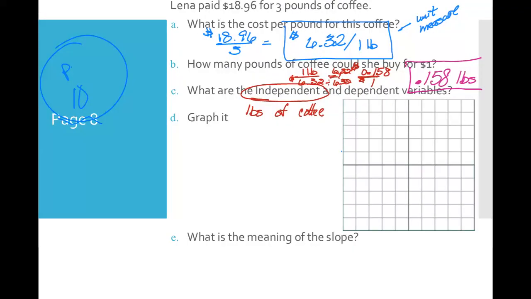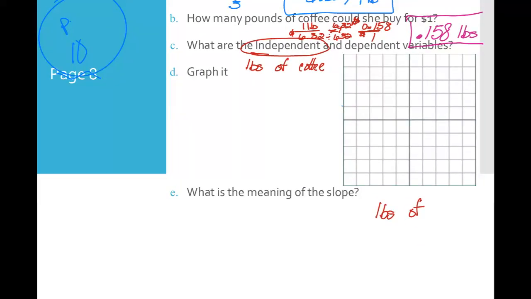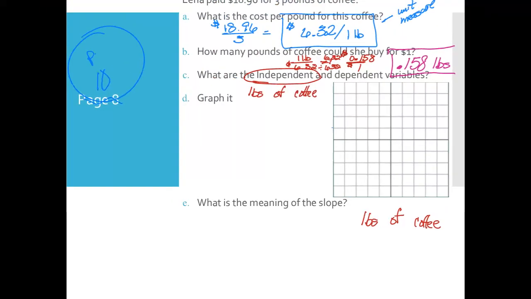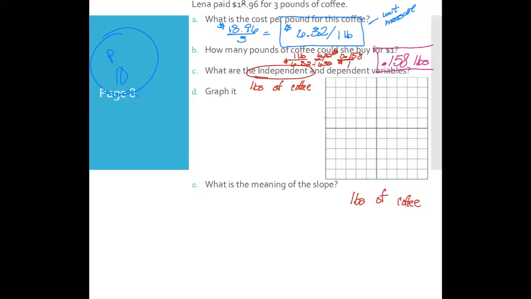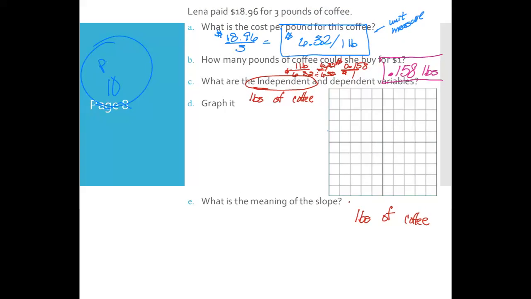So, yes, let's put the pounds of coffee here on the bottom. And if you didn't know, LBS is the abbreviation for pounds. And we're talking about 1 to 3 sort of here. So we've got 1, maybe 2, here's 3, 4, and 5.